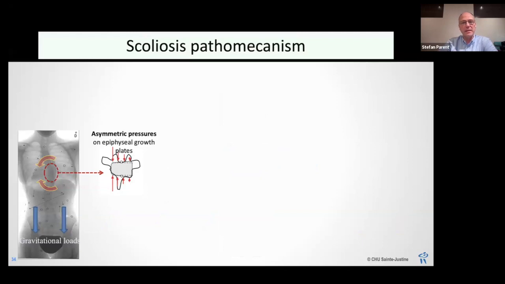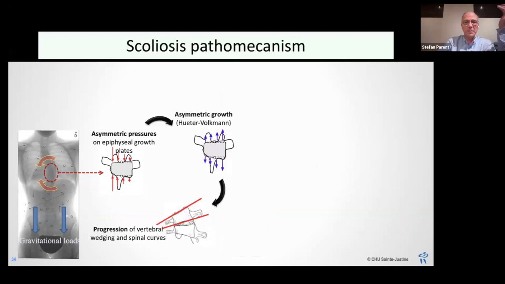And this is all based on work that has been done in different labs. Our lab really looked at the Hueter-Volkmann principle, where you have asymmetric pressures on the growth plates, creating asymmetric growth and then progression of deformity. And then Ian Stokes taught us that you get a vicious circle.